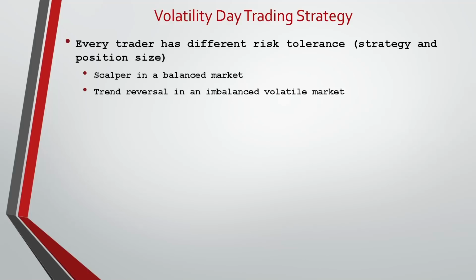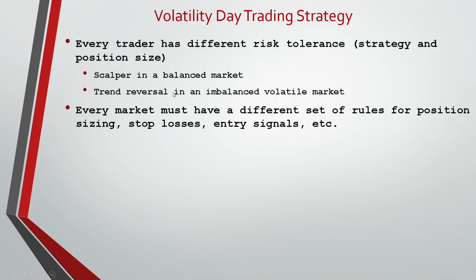You have to figure out what the market is telling you, what its context is, and the type of position that you are looking to open. Because of this, every market participant, every market itself, has to have a different set of rules for your position sizes, your stop losses, your entry signals, and things like that. Like I said, there's so many different variables.